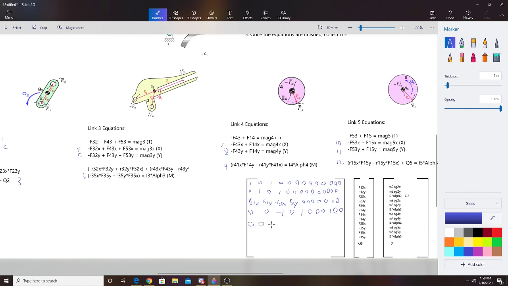Alright. And this won't be 0, 0, 0, negative 1, 0. And then, so negative 1, 0, 1. This should be 1 as well.